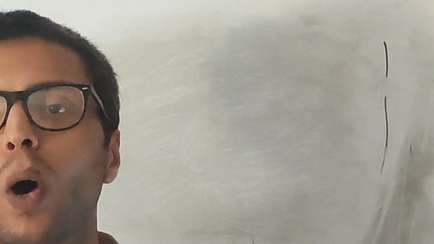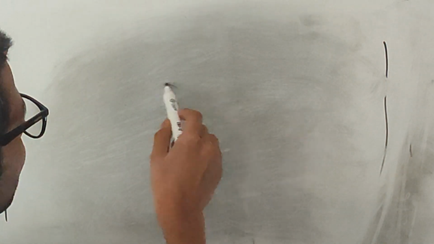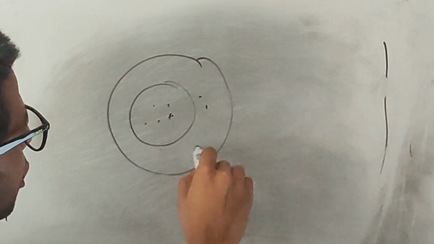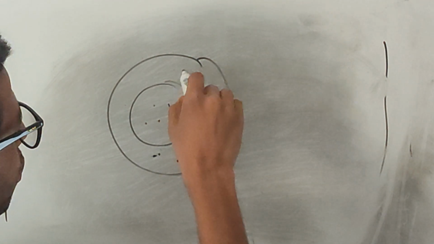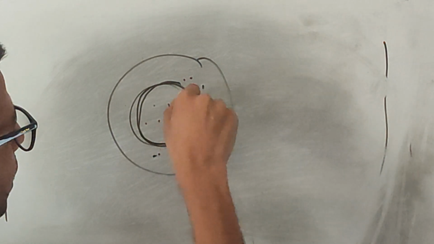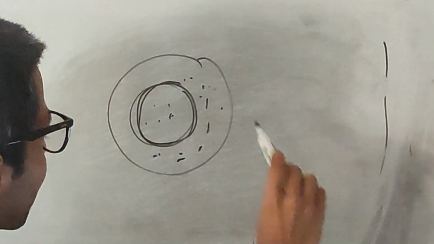So till now, what did you understand? Let me summarize it. Antibody can be formed against the nuclear components, or it can be formed against the cytoplasmic components. Today our topic of discussion was antibody against nuclear antigens. The cytoplasmic components will be covered in the next lecture.